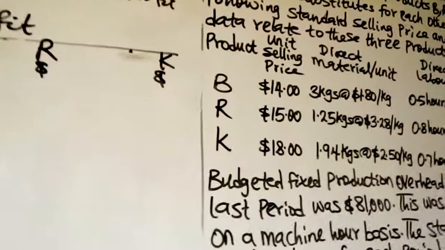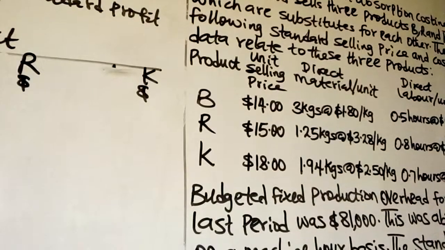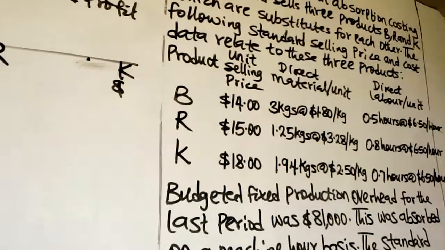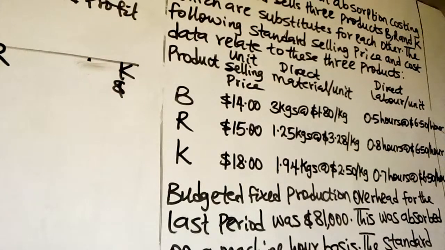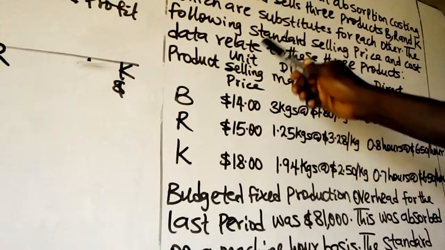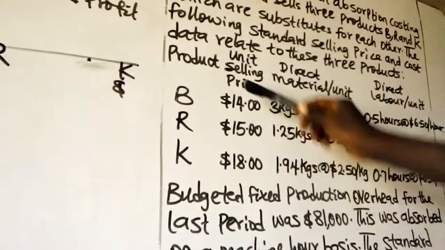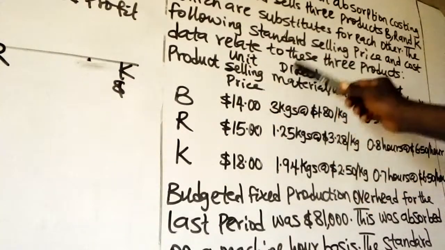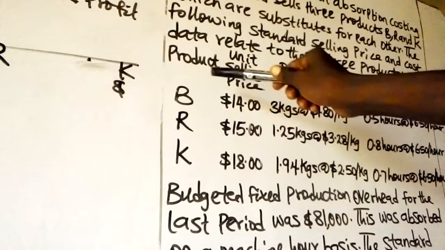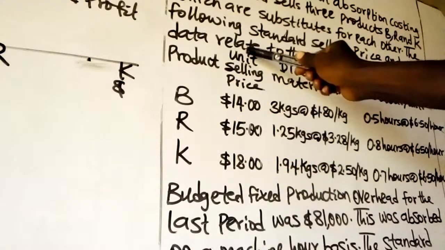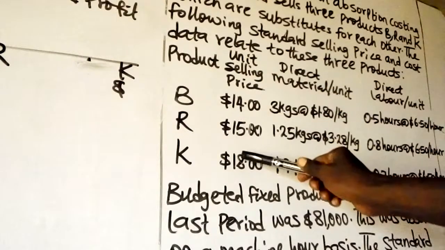You were told that the following standard selling price and cost data relate to these 3 products. That means these are information from standard. You are given the products B, R, and K. Unit selling price 14, 15, and 18.